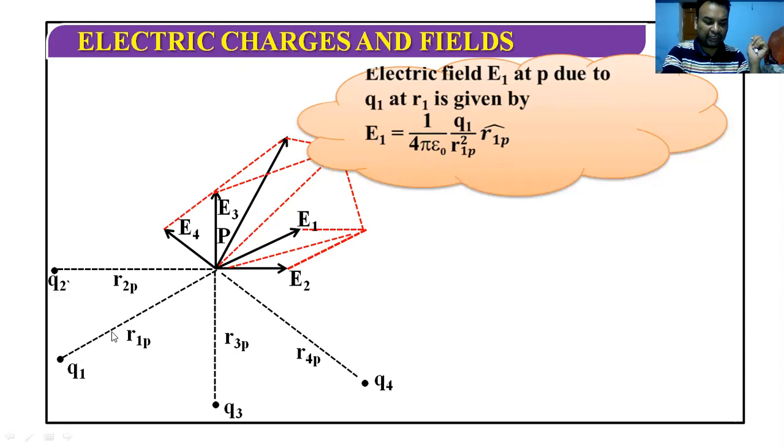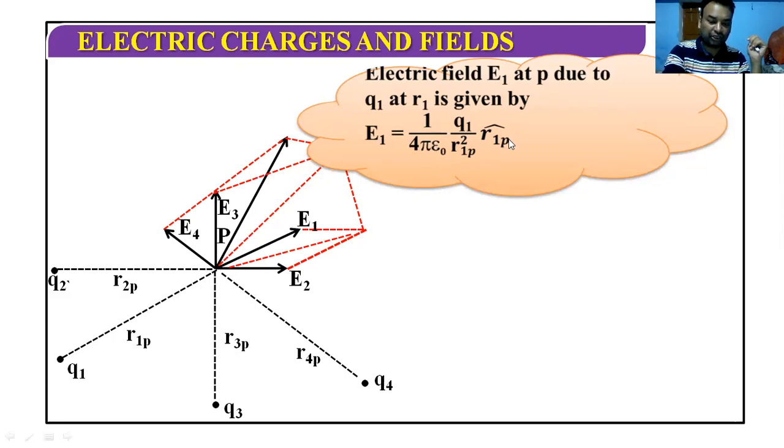This will give the direction of the field emitted by this q1. What information are we getting from this unit vector? This unit vector will tell us in which direction our point of observation is from the real charge.